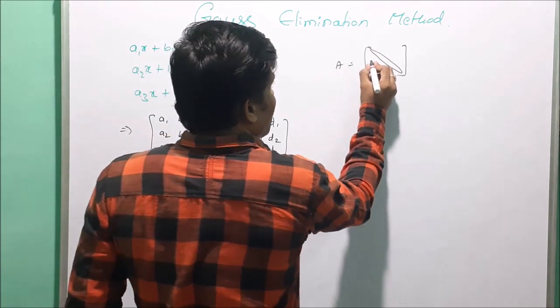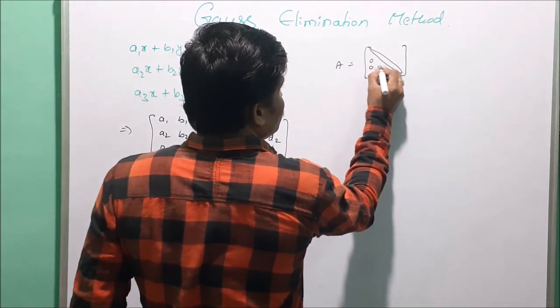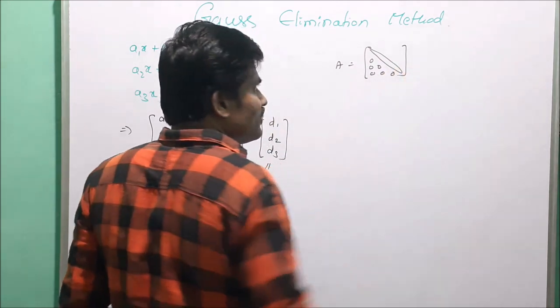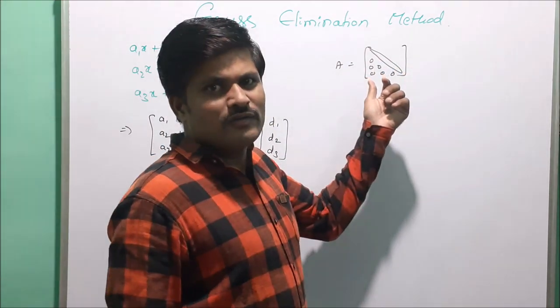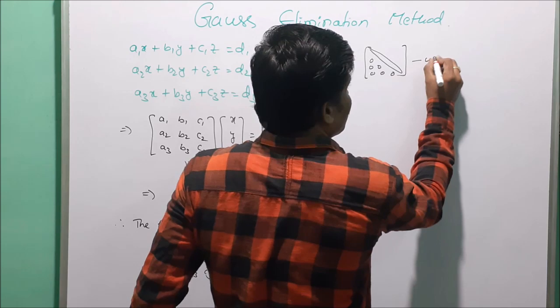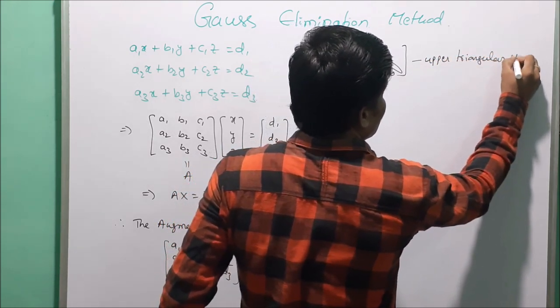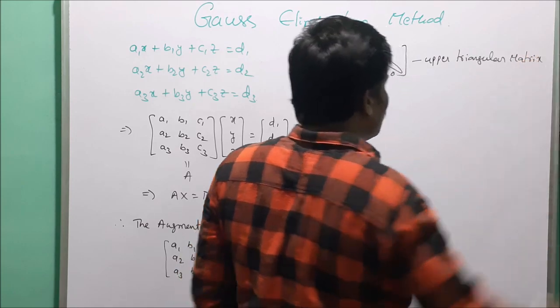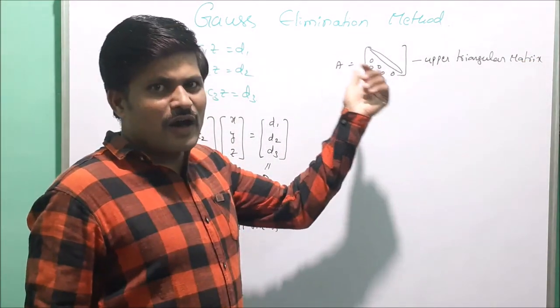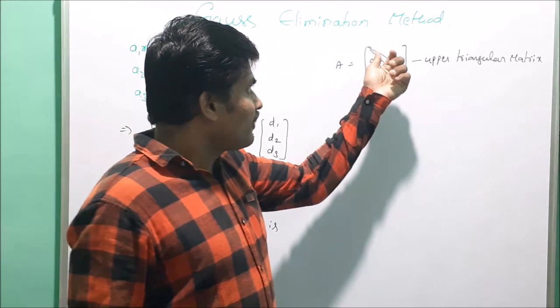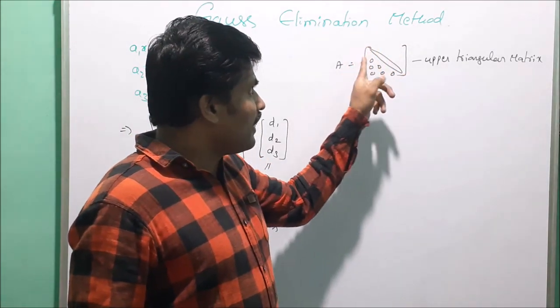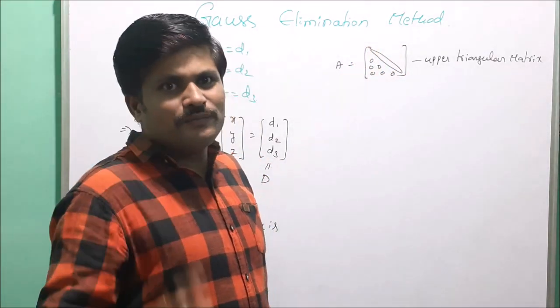Below the principal diagonal, all elements are zeros. Then that matrix is called an upper triangular matrix.